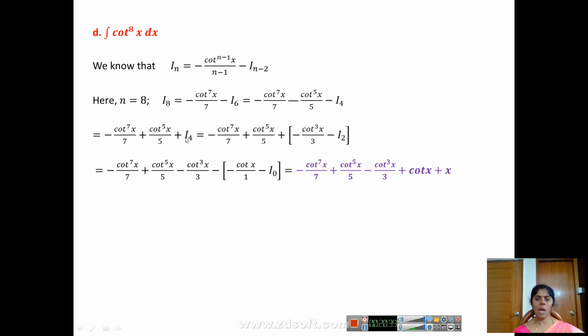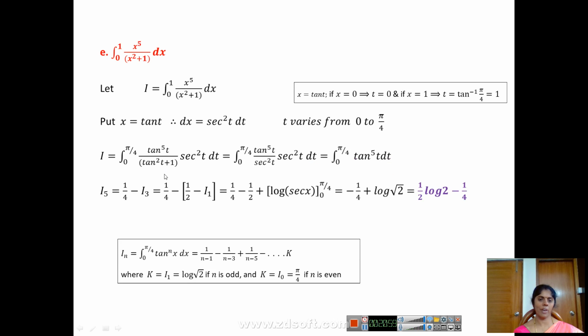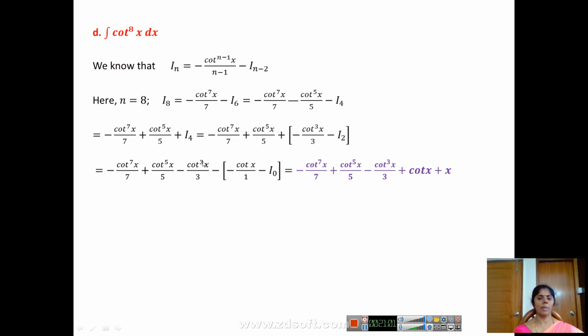So I4 again I can replace as minus cot cube of x by 3 minus I2. Again simplify or multiply these things, we get the term as minus cot to the power 7x by 7 plus cot to the power 5 of x by 5, then minus cot to the power 3 of x by 3, minus of your I2 can be taken as minus cot of x by 1 minus I naught.